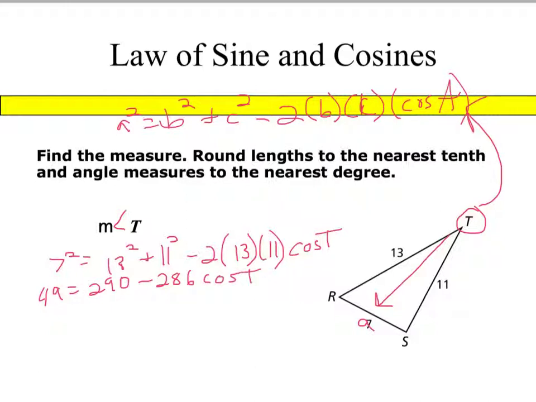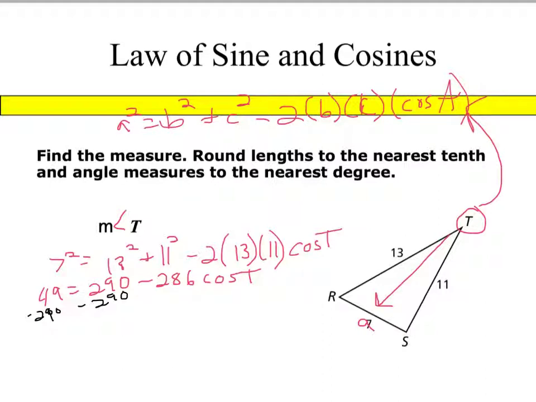If I do my algebra correctly, I need to subtract 290 because this 286 is multiplying by the cosine of T. Just like in other algebraic equations, I need to subtract first.